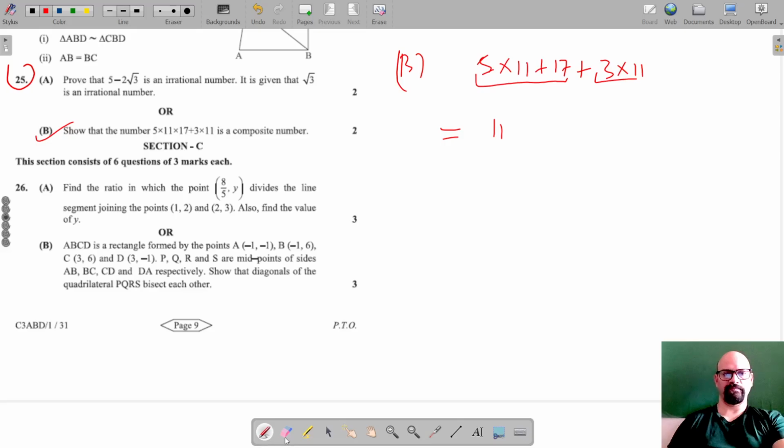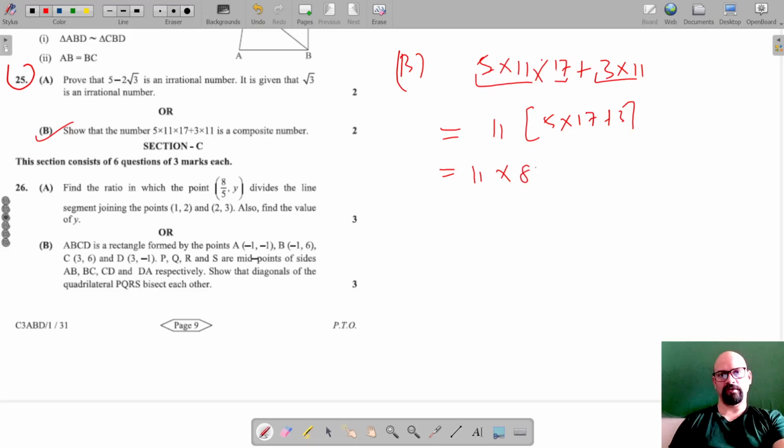So 11 is common, and I have 5 into 17 plus 3, which gives me 11 into 88.